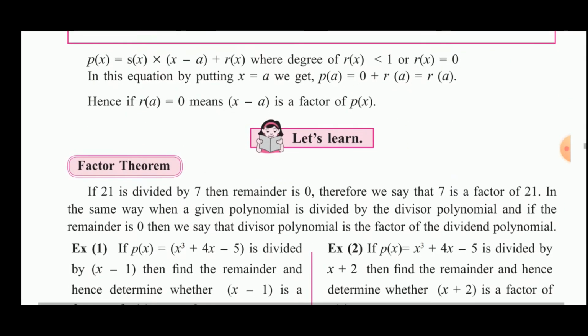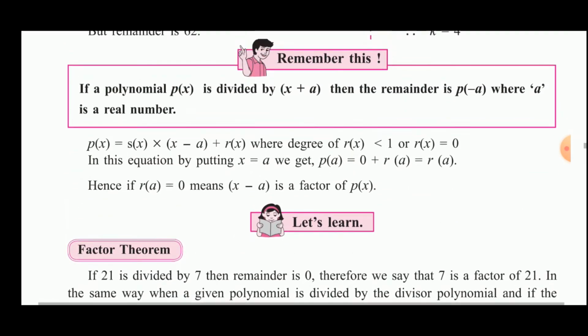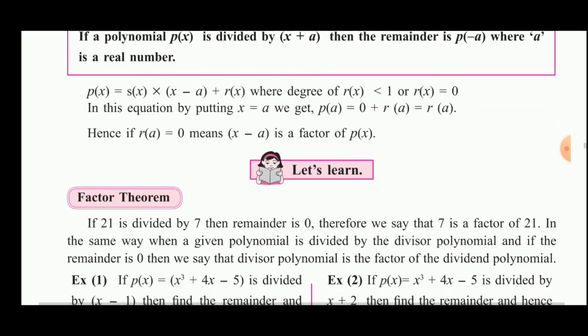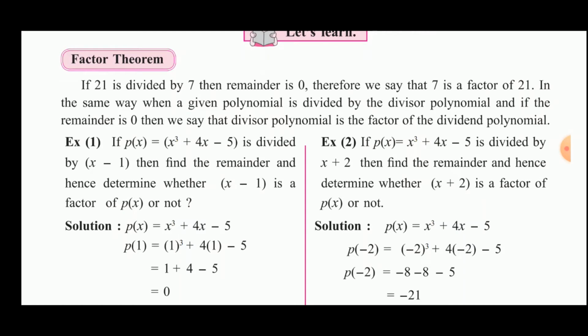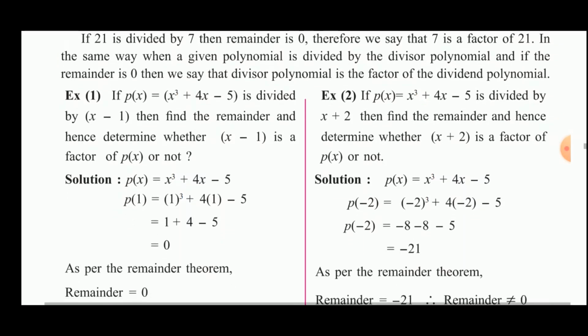So now let us see what we mean by the factor theorem. Factor theorem means if the given polynomial is divided by the divisor polynomial and if the remainder is 0, then we say that the divisor polynomial is a factor of the dividend polynomial.